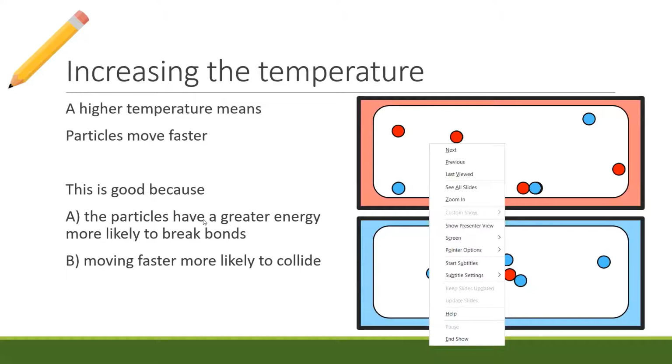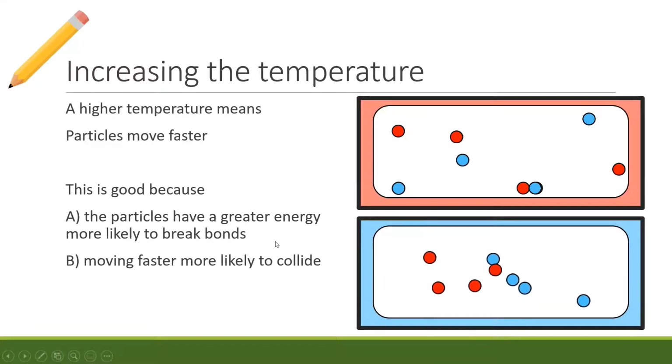One, the particles have greater energy, so they're more likely to break the bonds because they're moving a lot faster and smack into each other with more energy. But also, because they're moving around so much, they're more likely to collide. If you've got lots of people moving very quickly, you're more likely to bump into someone. So that's why temperature is a really good way to speed up the reaction.